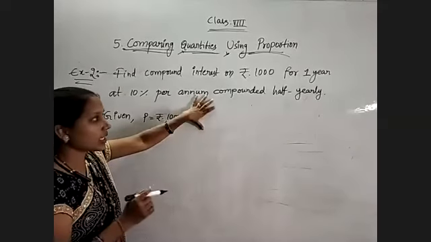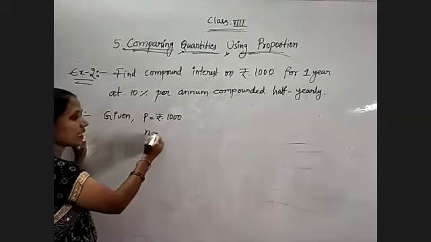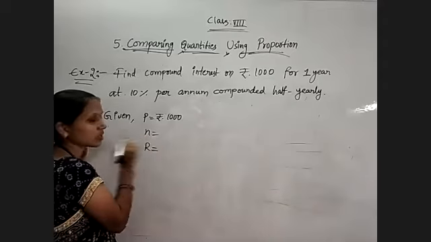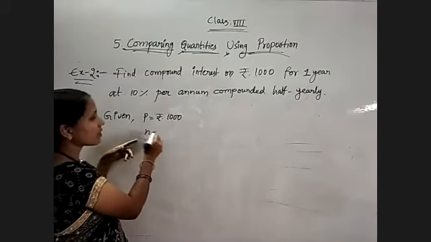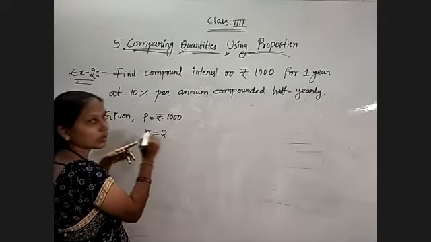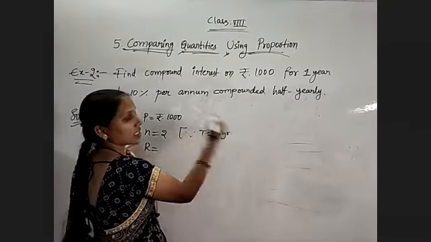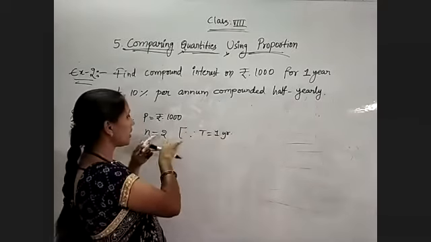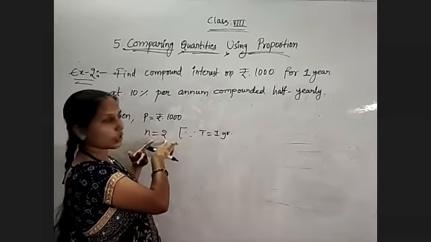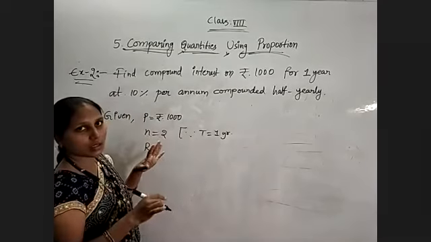So here we will get the number of conversion periods differently, as well as the rate of interest. Number of conversion periods is equal to 2 because T is 1 year. In 1 year there will be 2 conversion periods, as I just told you, because we get 2 half years.